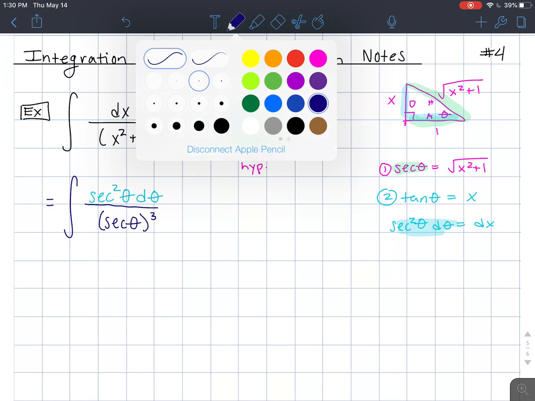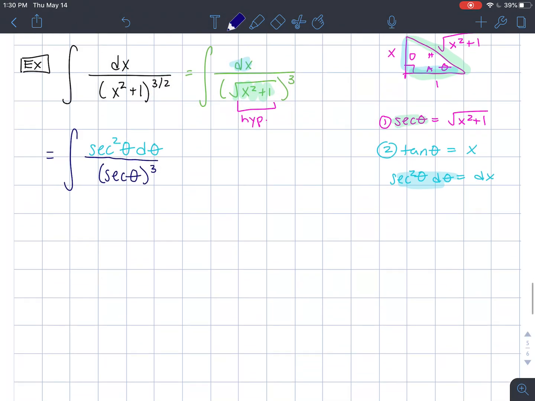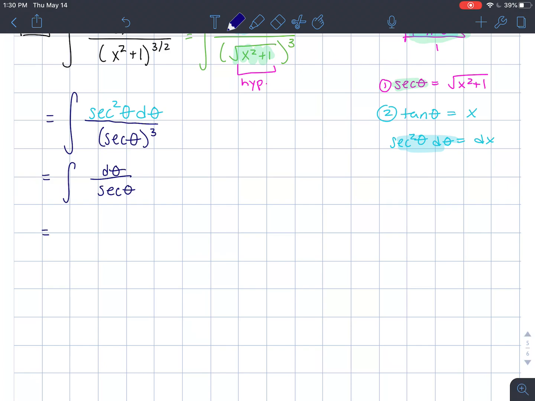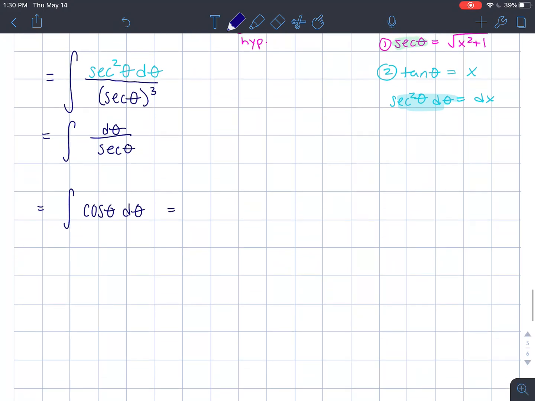Okay, so now if we simplify, secant squared over secant cubed is just going to be d theta over secant. But 1 over secant of theta is just the cosine of theta, and the integral of cosine of theta is just the sine of theta plus c.